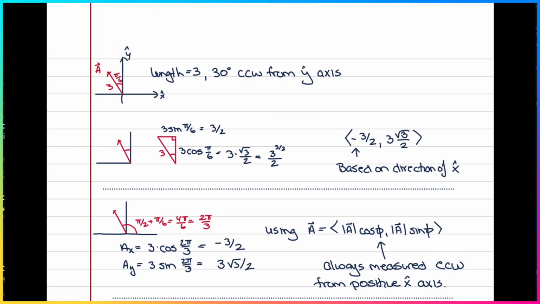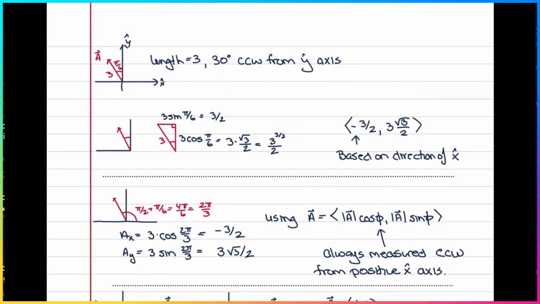There are two ways to do this. The way I like, because again it keeps you thinking about what you're doing, is that I look for triangles. I know this is the length of the vector, and there's a nice little right triangle right here, where this component is the y component, and this component is the x component.